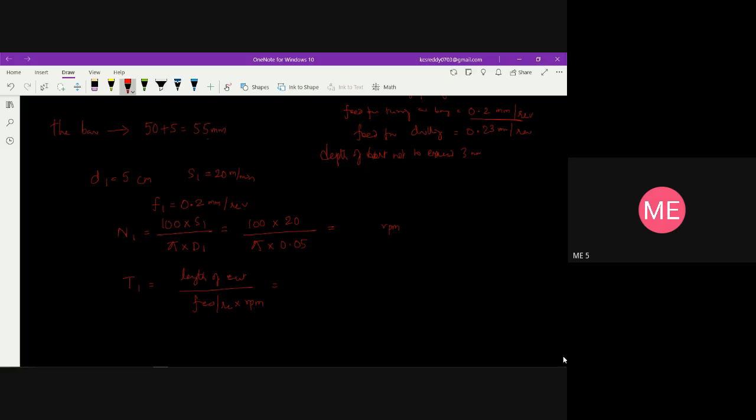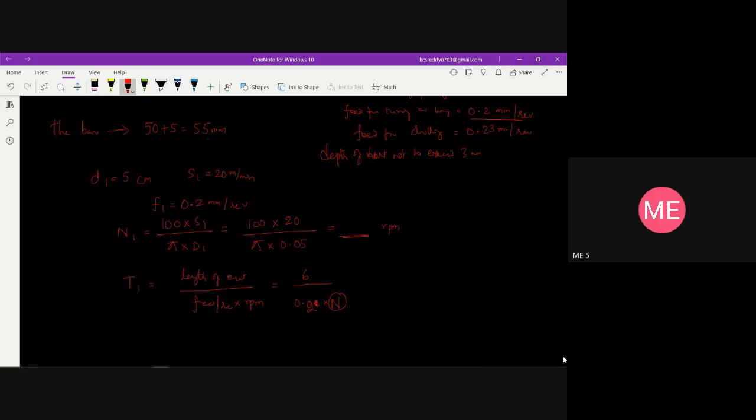The length of cut is 6 centimeters, and the feed per revolution is given as 0.2, not 0.02, into the RPM. Whatever N value you get, you need to substitute here. Then that is T1.